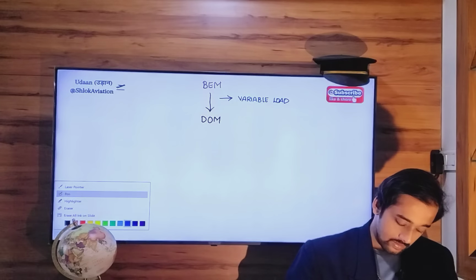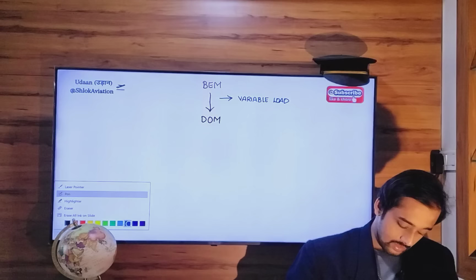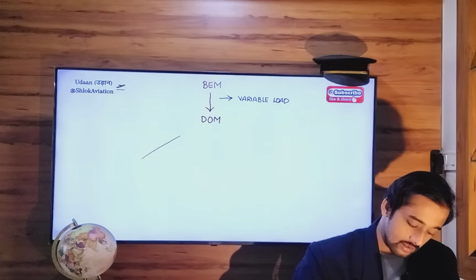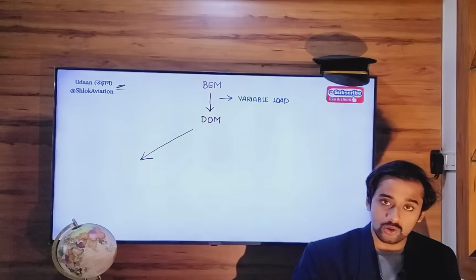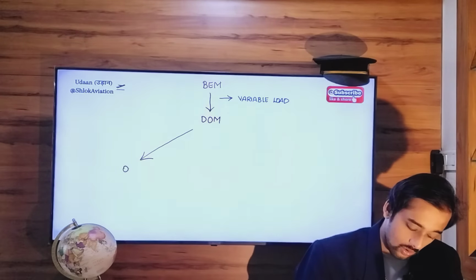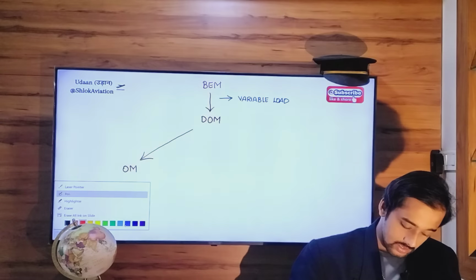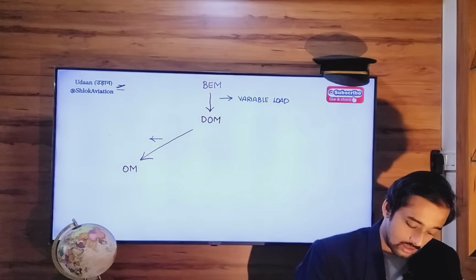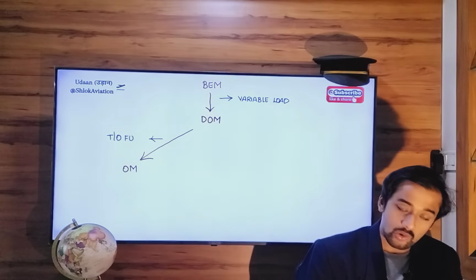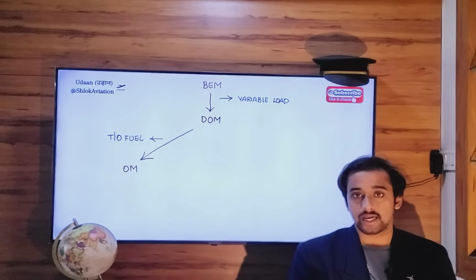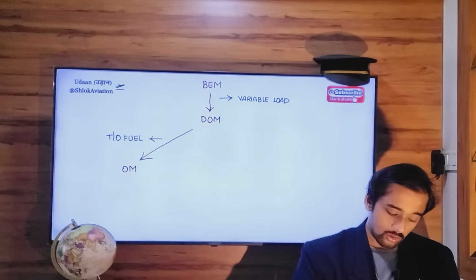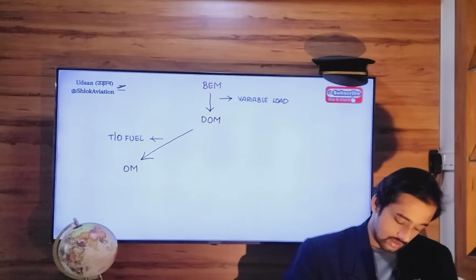When you add takeoff fuel to dry operating mass, you get operating mass. So upon adding takeoff fuel or fuel on board, that is fuel in the tanks at the start of takeoff run, you get operating mass.